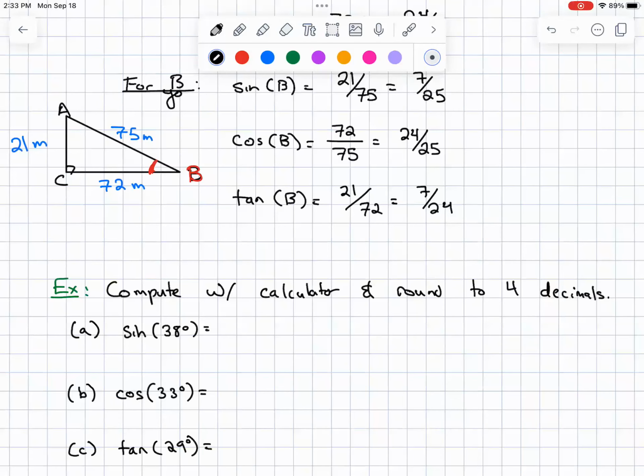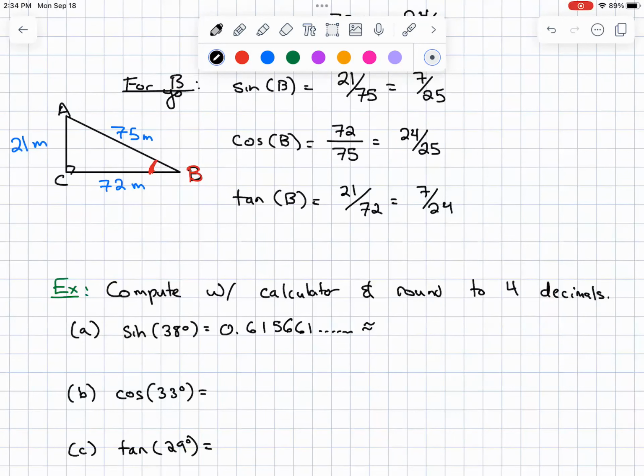Also, if you have a scientific calculator, there should be a sine, cosine, and tangent button. Great thing about these is they are very resilient. So you press the sine button and then do 38 degrees. You should get 0.615661 on and on forever, because sine of 38 degrees is an irrational number, meaning it's a non-terminating, non-repeating decimal expansion.